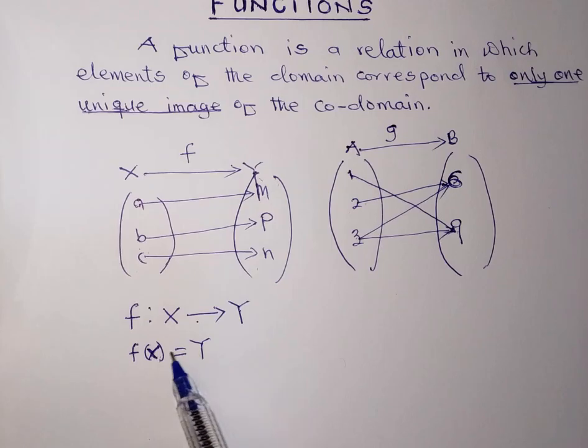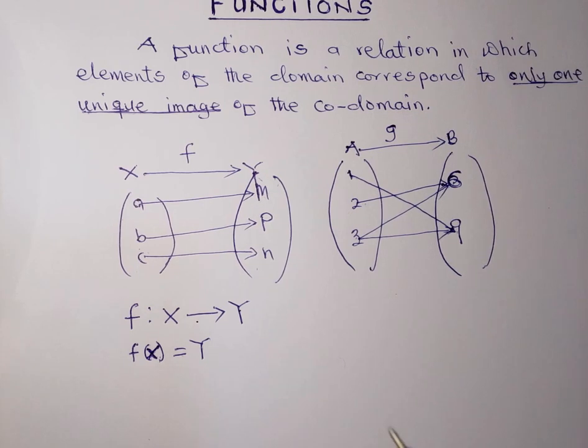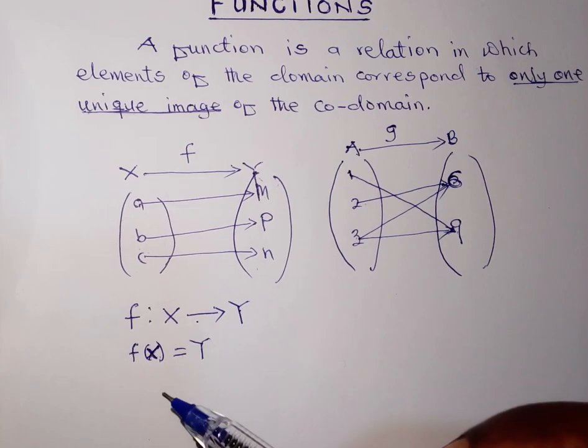It means that this y you see here is the image of this x. So this x corresponds to this y. This is a function. When we talk of a function, we say it is a special type of relation, but the element in the domain must have a unique element of the codomain.